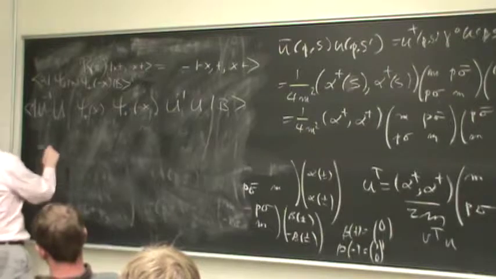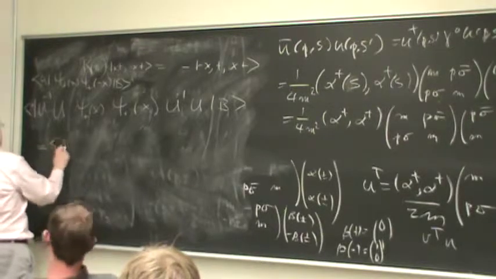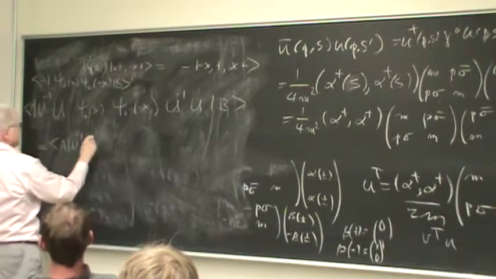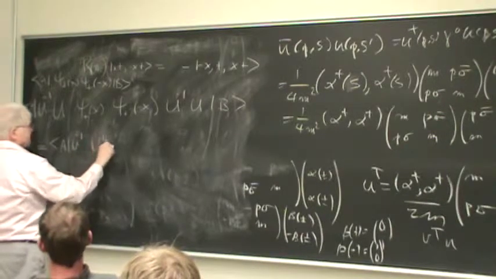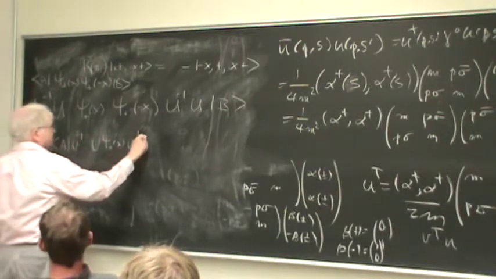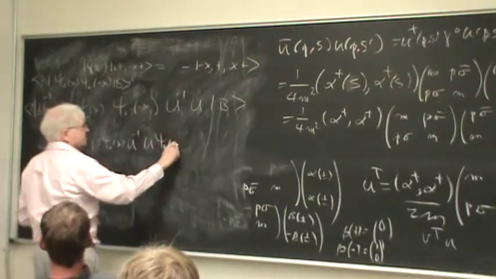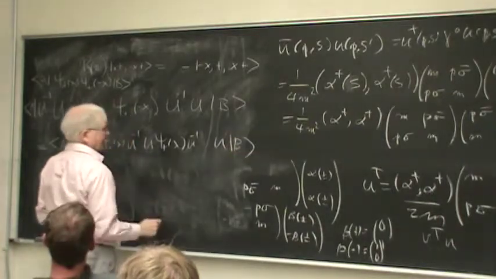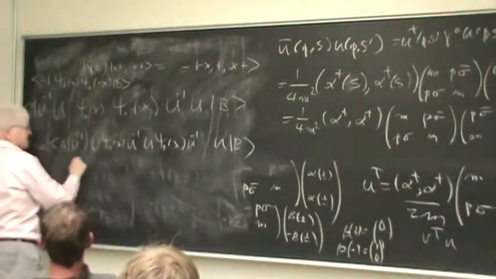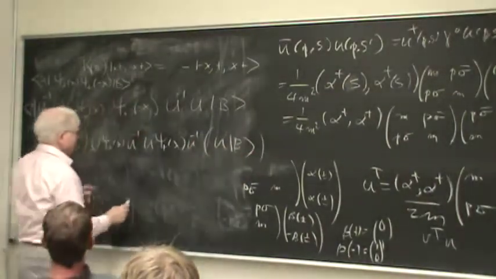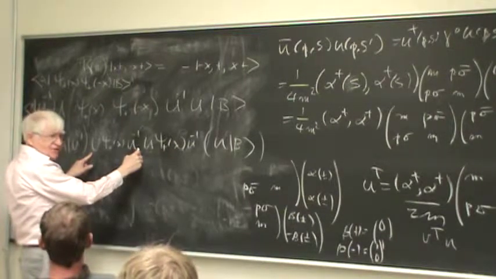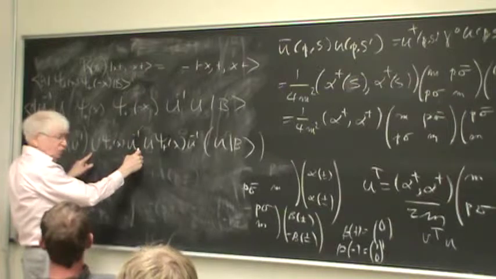This is equal to that because I'm just inserting u dagger u. Now we can write this as u psi plus of x, u inverse, u psi plus of x, u inverse, and then u on b. Leave the rest alone. We know how fields transform under a unitary Lorentz transformation.